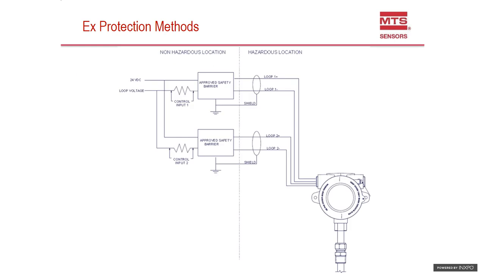Again, just like I talked about with the explosion proof, it's about the system installation. So Paul mentioned you need to have the safety barriers. That's one key element. You also have to take a look at the cabling and then what's referred to as the entity parameters. So this is going to be the rating of the device, and you need to match the device with the safety barriers, and then you need to make sure when you include the cable, usually looking at the capacitance and the inductance of the cable, that overall the system itself still meets the guidelines.